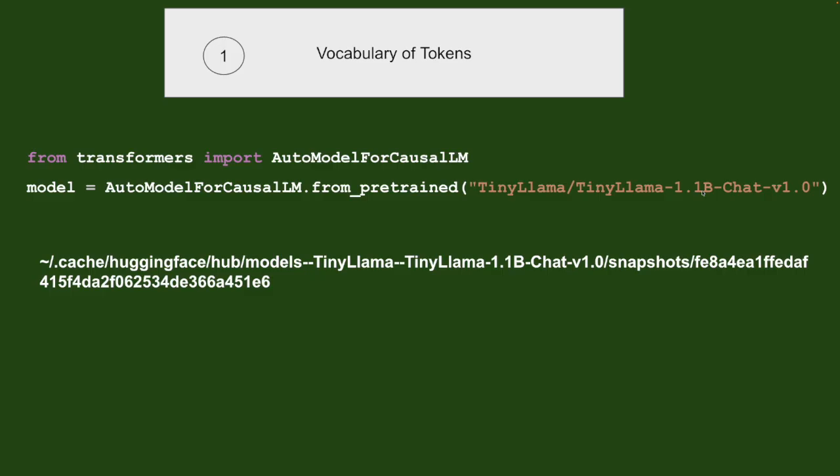I'm using Linux, and in Linux this is the place where you will see the model downloaded. Let's go back to the code and see how this works, and also see the vocabulary of tokens it has and how many tokens there are.